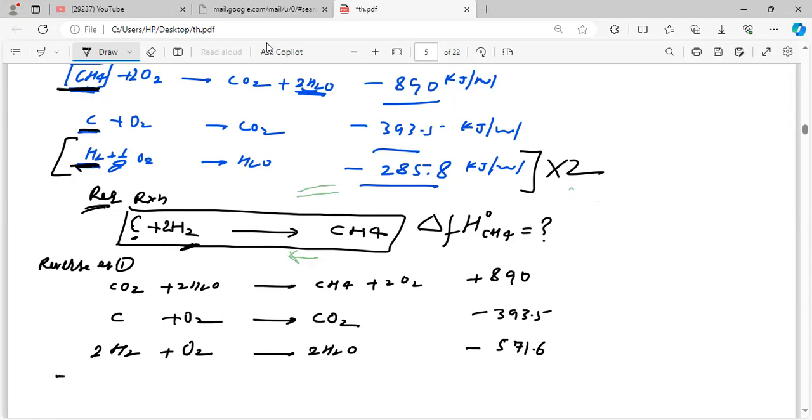Now, when you solve this, everything will cancel out and only the required reaction will be left. You can check here.